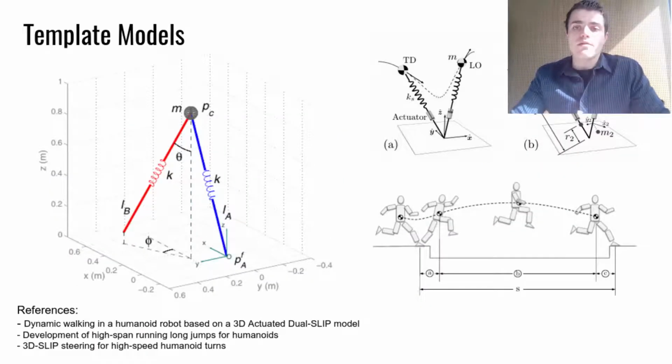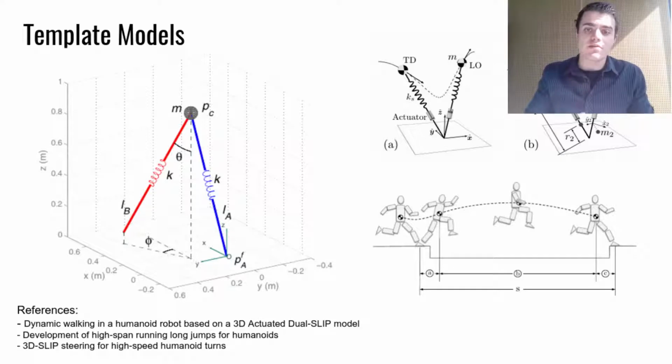So template models have been used to capture the essence of the dynamics without using the full rigid body dynamics. A very popular example is the spring-loaded inverted pendulum model, or the SLIP model here. The SLIP model can be used for generating walking and jumping motions, or we can stack two SLIP models in 3D and then generate motion in 3D.